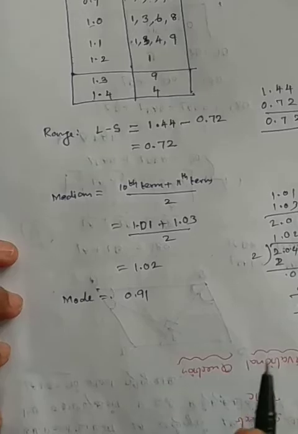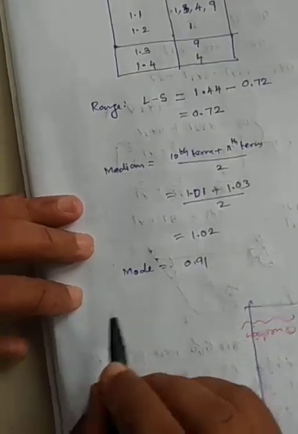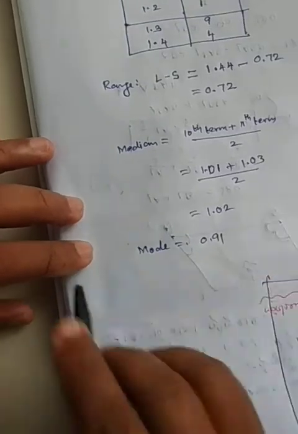So now finally you write the results. This is rough, leave it here. Result I am writing here.